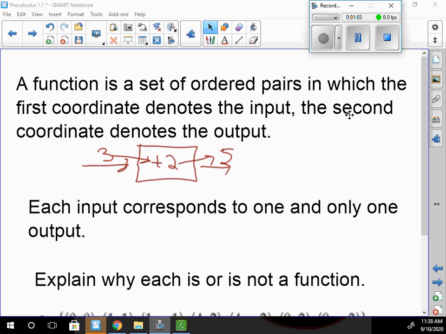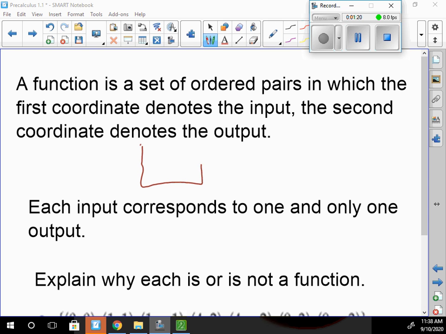For each input, there's one and only one output. So if I put 3 in, I have to get the number 5 out of this machine. I can't put 3 in and get 5 and 9 out.